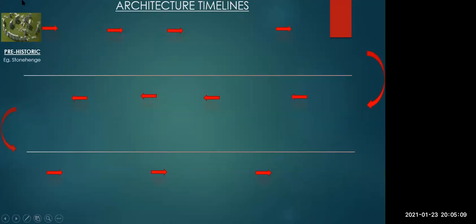Prehistoric was related to Stonehenge, the Mayan temples, the ones in South America, and the ziggurats that we just discussed. These are all prehistoric because they were all built in BC time.